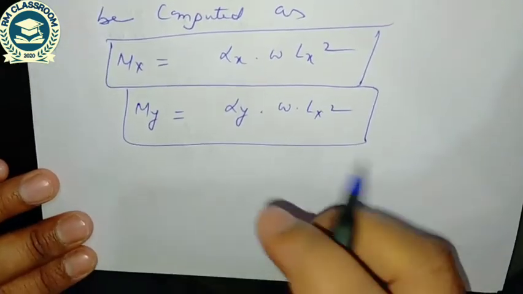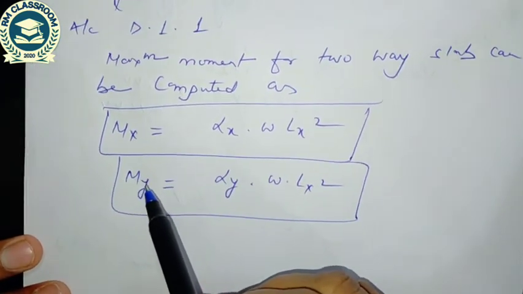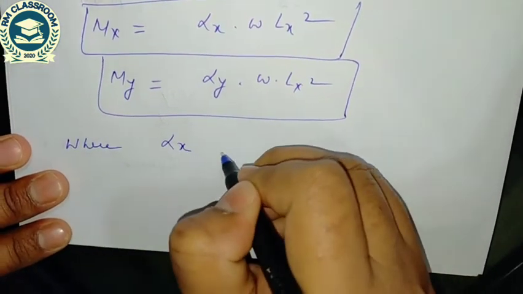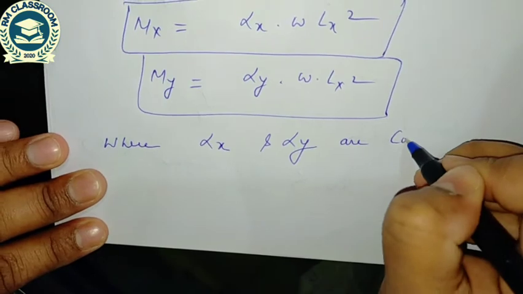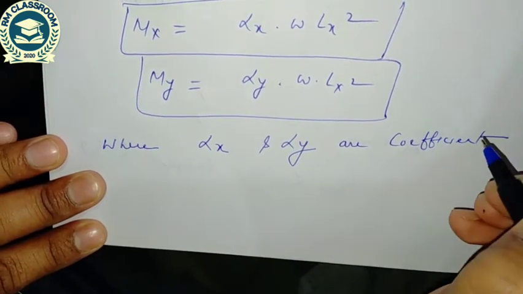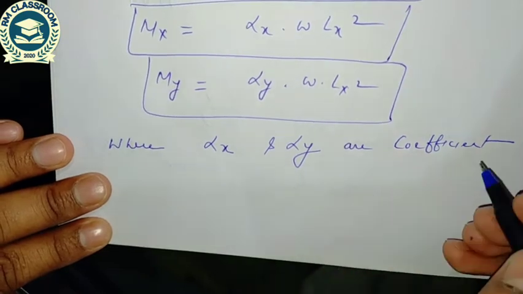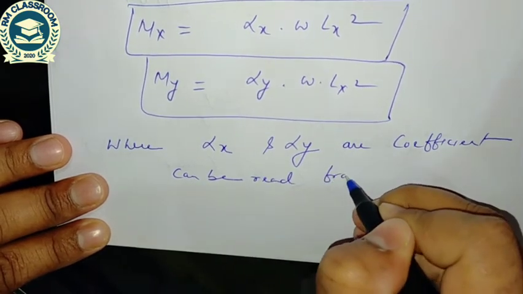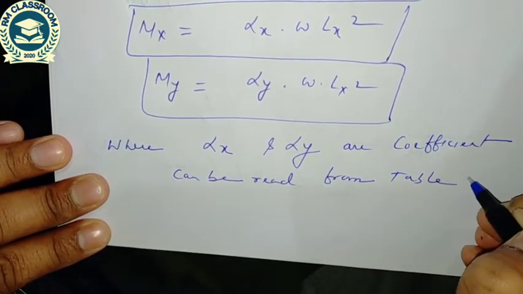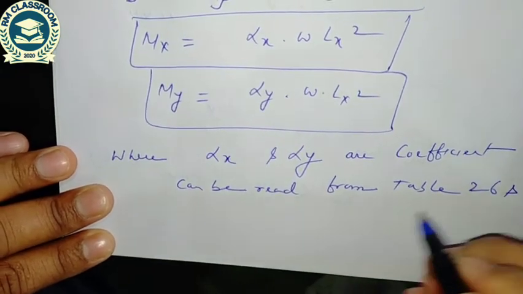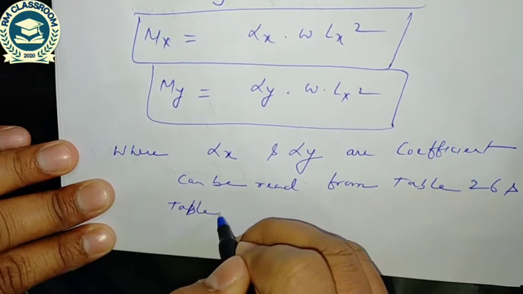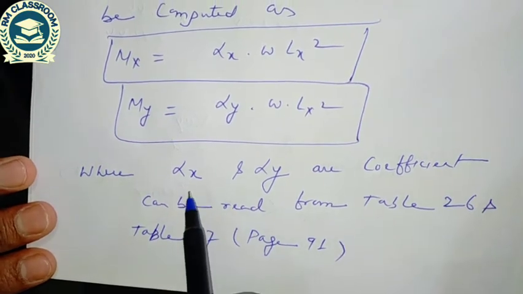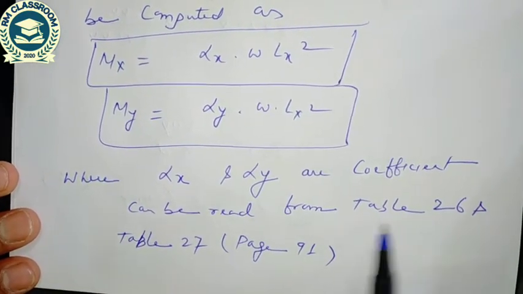So these are the moments computed for the restrained slab by the IS code method, where alpha x and alpha y are the bending moment coefficients that can be read from table 26 and table 27.